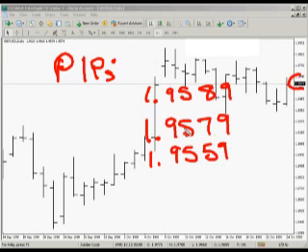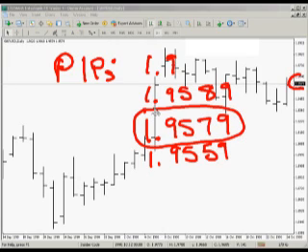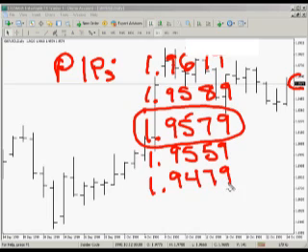And if price is going to change by, say, 100 pips, if it moves up by 100 pips, remember we're starting here, if we add 100 pips to this, 1.9679. See? 100 pips. If it moves down by 100 pips, 1.9479.